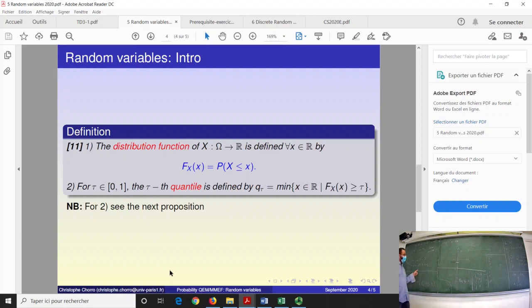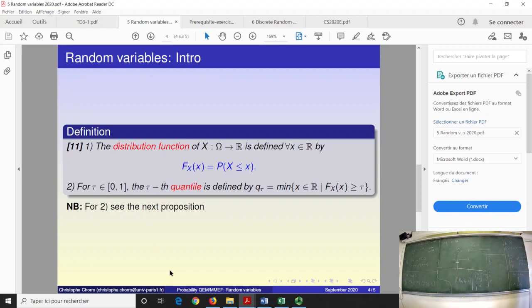It is well defined because I know that the distribution function is an increasing mapping between 0 and 1. So I am sure that I will be greater than tau at some point, if I take tau strictly between 0 and 1. And I will be sure that I will have a minimum because I am increasing. So I will be less, and at one point I will be greater, and after that I will stay greater.